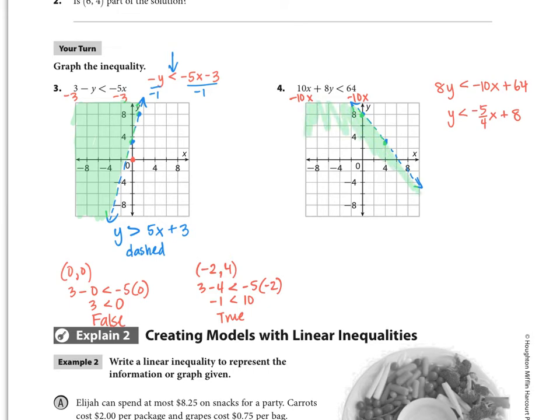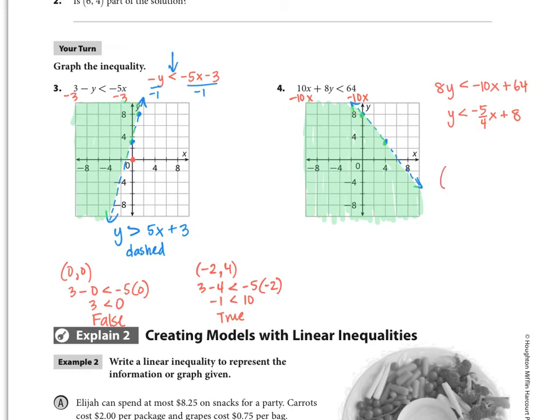And then this time I'm only going to test 1 point. And the easiest point to test, 0, 0. Let's do that. I always like to go back to the original inequality that's up here when I'm testing points, because sometimes you'll catch mistakes there, especially if you think you made a mistake in writing your slope-intercept form.